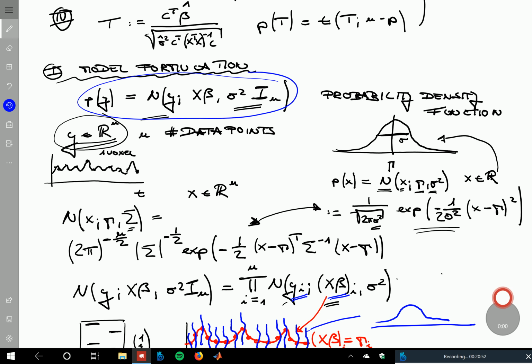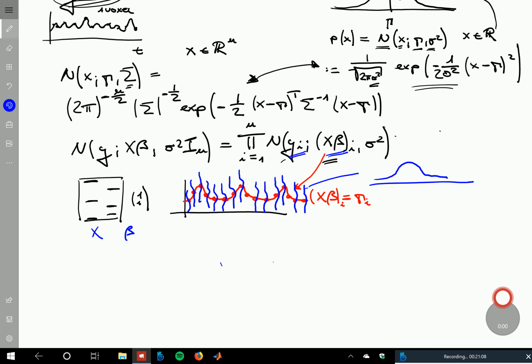So essentially, writing the data as given by this multivariate Gaussian, with importantly this spherical covariance matrix, implies that each data point has its individual error distribution, all with the same variance but with different expectation parameters, which are given by the product X beta. That was quick. There is a slow version, in like 4 or 6 lectures on YouTube.